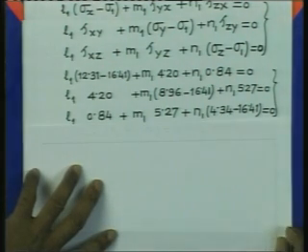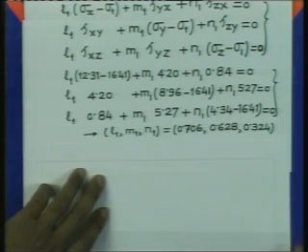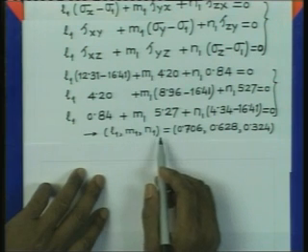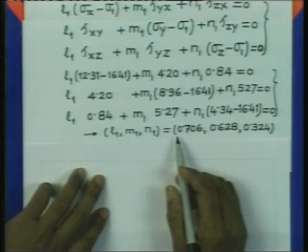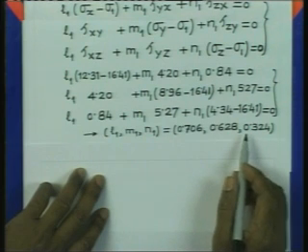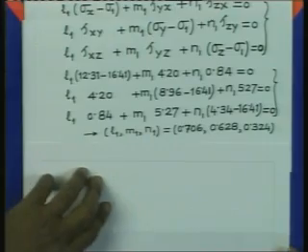So, you can make use of that, and after solving this set of equations you get the direction cosines L1, m1, n1 as 0.706, 0.628, 0.324. So, these are the direction cosines of the plane on which sigma 1 stress is acting.